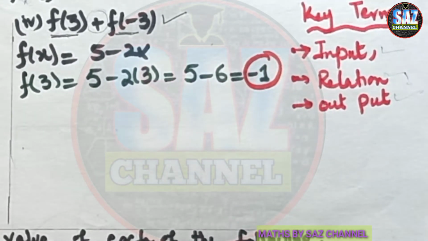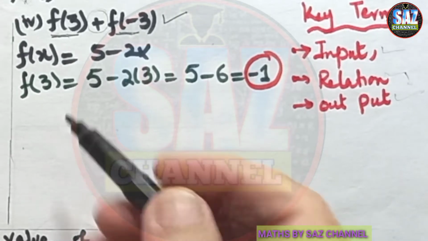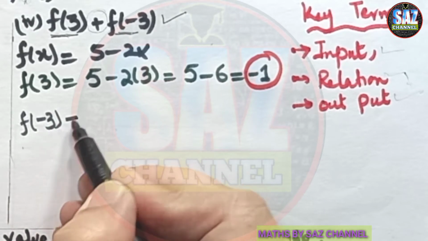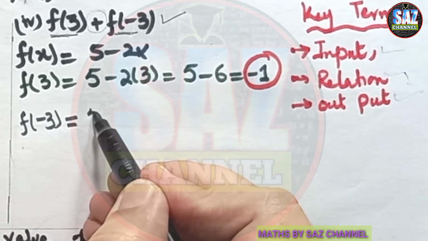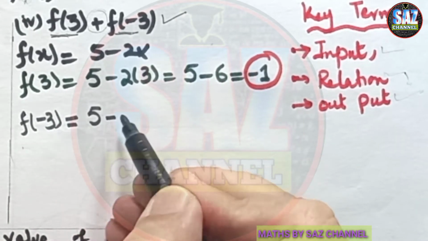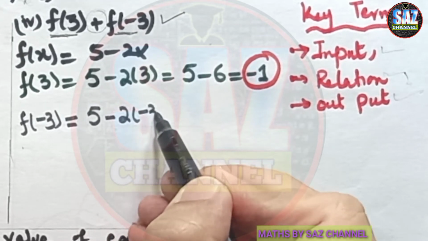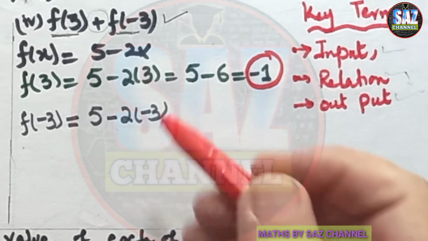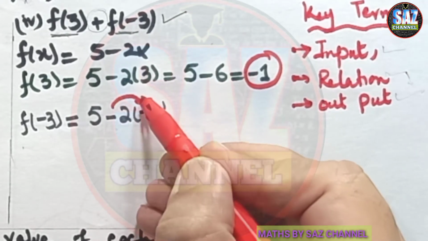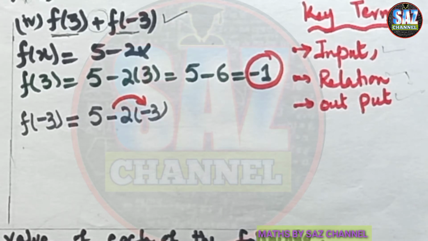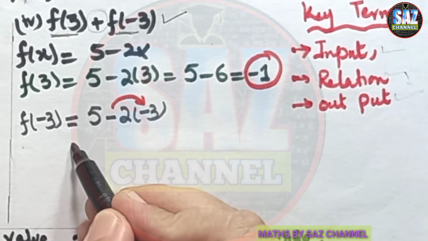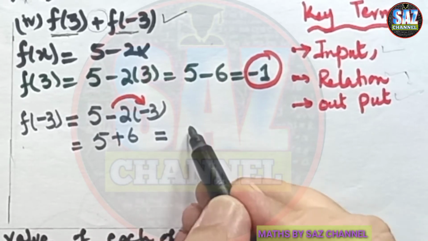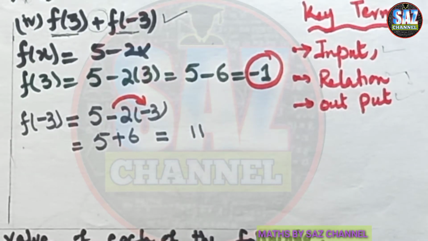And the second is f of minus 3. Instead of the variable, now I have to replace x by minus 3, and we know that minus multiplied by minus will become positive, and the expression will take the form 5 plus 6, which is equal to 11. This is the second answer.